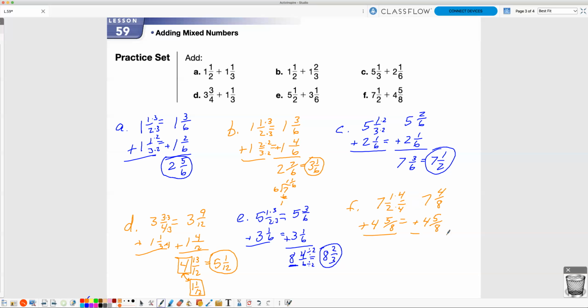I add that together, I end up with 11 9/8. And 9 divided by 8 is 1 with 1 left over when you subtract it. That becomes the numerator, and this becomes the denominator. So now I have 1 1/8 plus 11. So I have to add those two together and end up with 12 1/8 for the final answer in that.